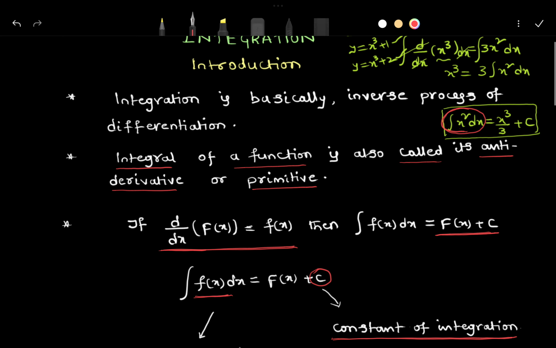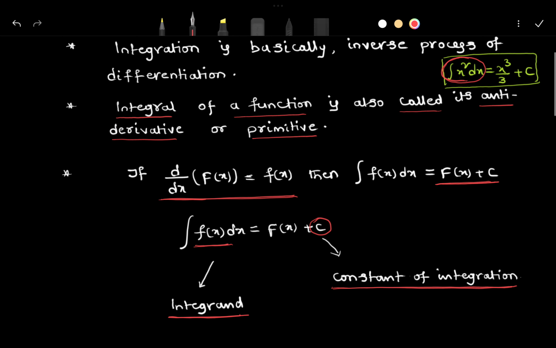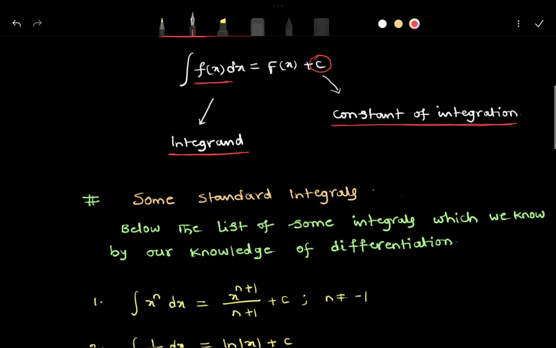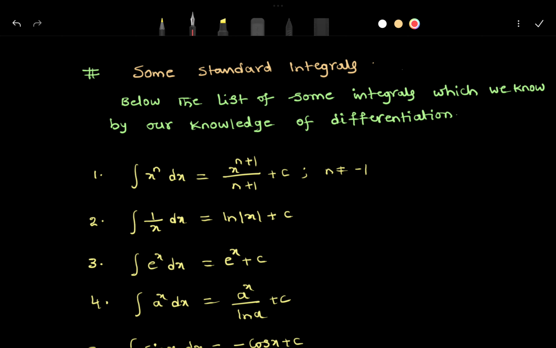Now, as we discussed in the above example, integration is the reverse process of differentiation. Using that concept and our previous knowledge of differentiation, now we will discuss some important formulas, the standard integrals. The integration of x to the power of n into dx is equal to x to the power of n plus 1 by n plus 1, plus c.